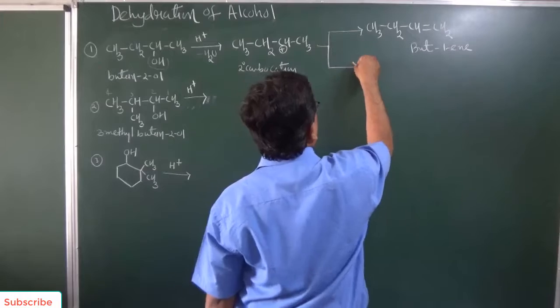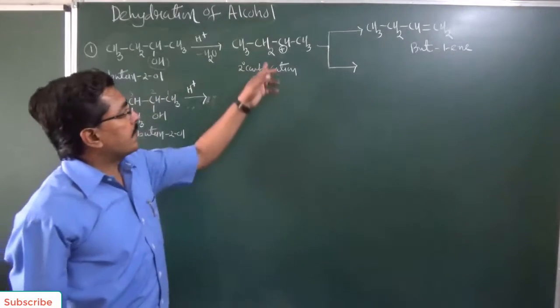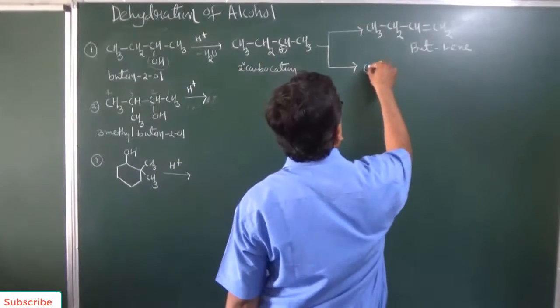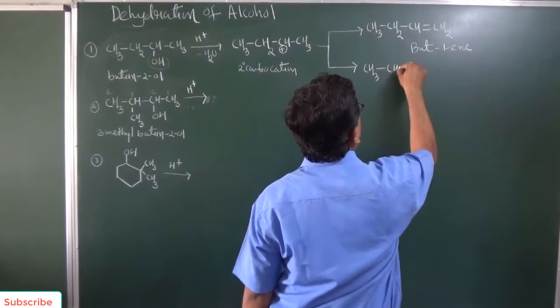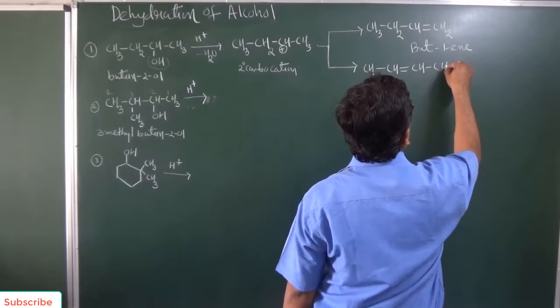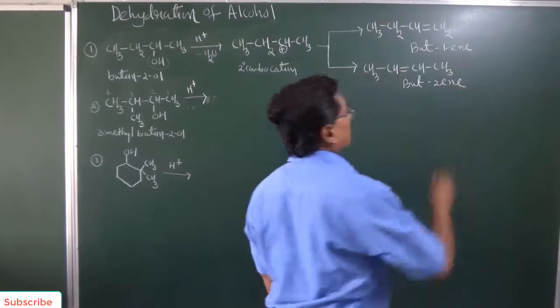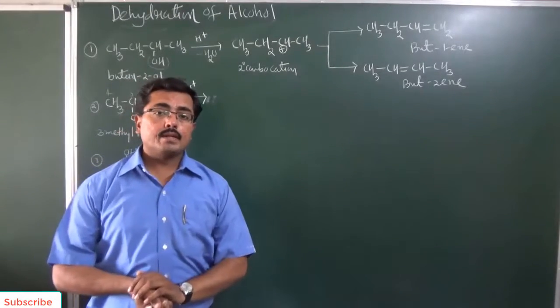And second possibility, suppose a hydrogen atom is removed from this carbon atom, then we get CH3 CH double bond CH CH3, and the probability of this product is but-2-ene. Then which product will be obtained?